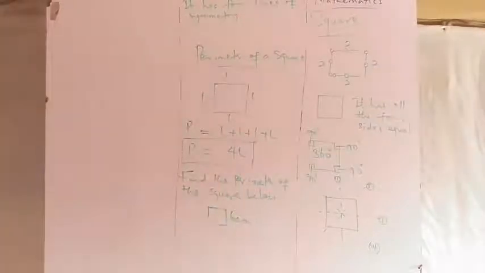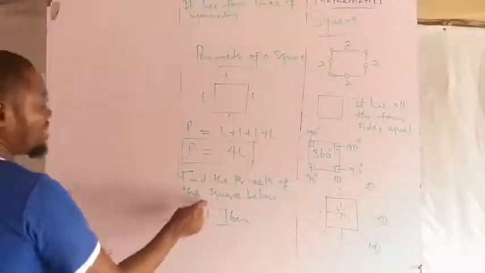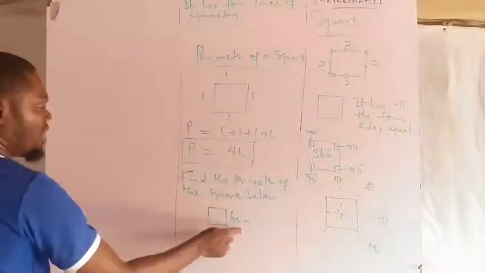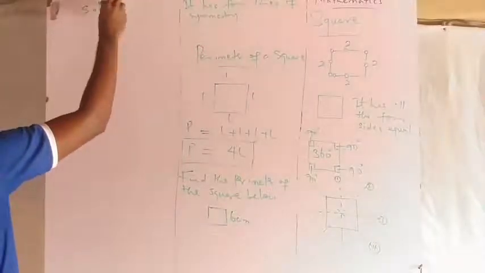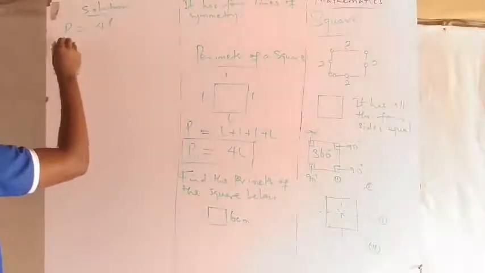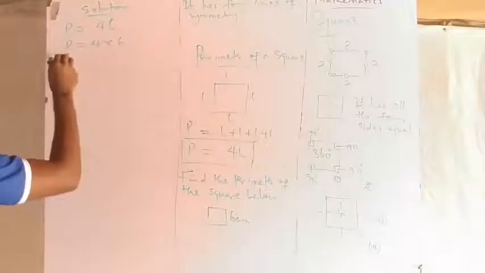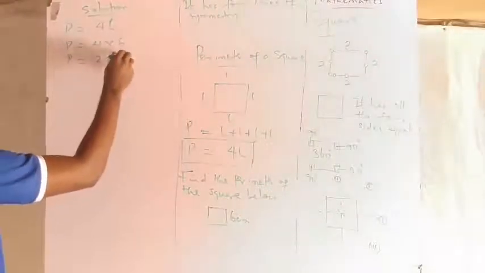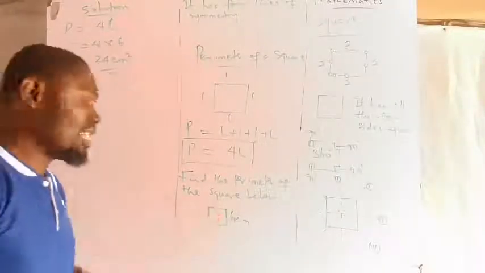But if you're using the formula directly, which is P is equal to 4L, you will not bother yourself completing the sides because your length is already 6. Therefore, by the formula, you have the solution P is equal to 4L. If that is true, then P is equal to 4 times 6. Since my L is 6, that will give us P is equal to 24 centimeters. That is the perimeter of the square that has 6 as length.